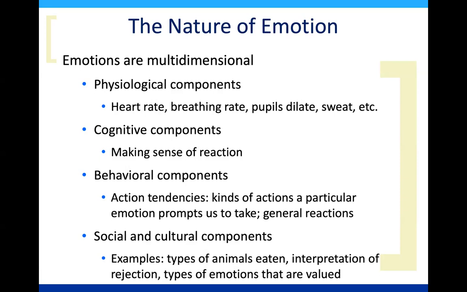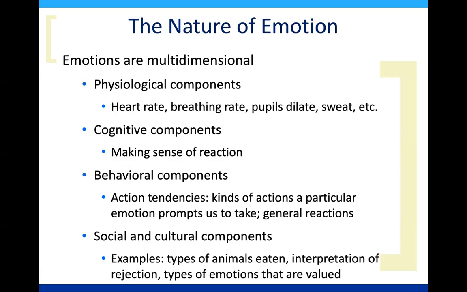If you're in the United States and you were served dog, on a cultural level, that's going to determine that you're going to have a much stronger emotional reaction, likely that of disgust and anger, where if you were in another country, in another culture, that's not going to be an issue.